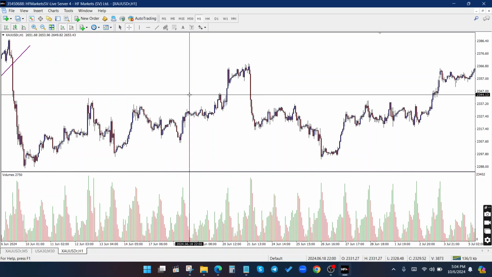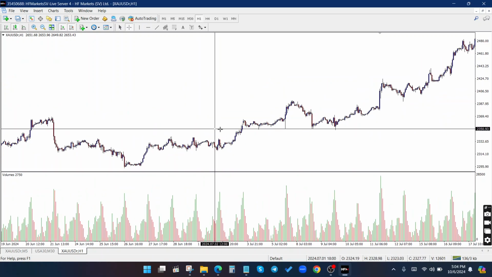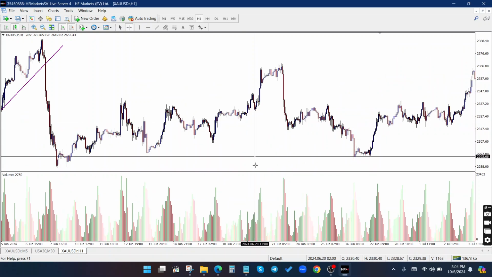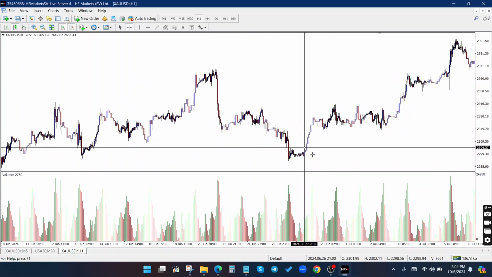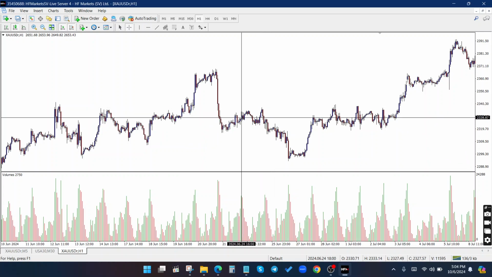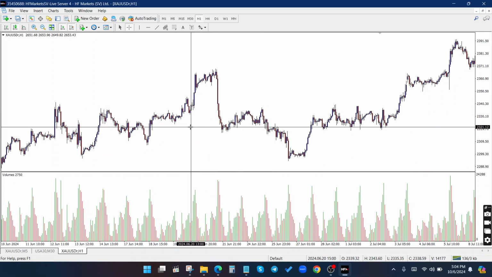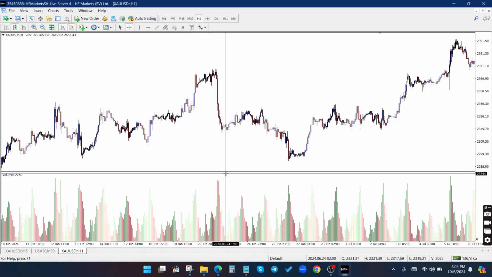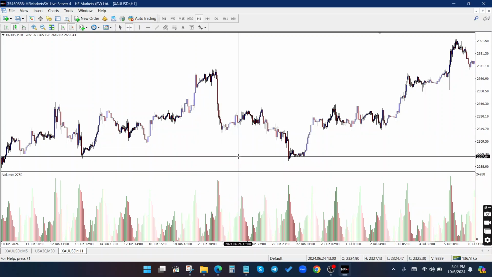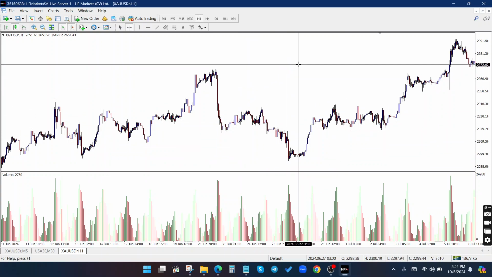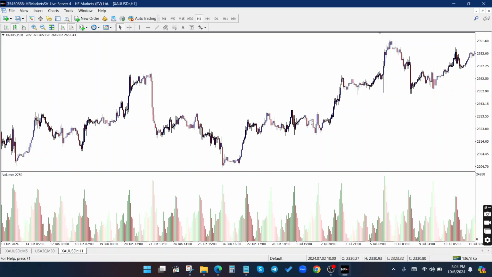Now on the other hand, if we had a bullish breakout and you see an increase in volume, it can further emphasize the validity of that bullish breakout. Okay, now you can also combine your volumes indicator with other trading indicators for additional confirmation.